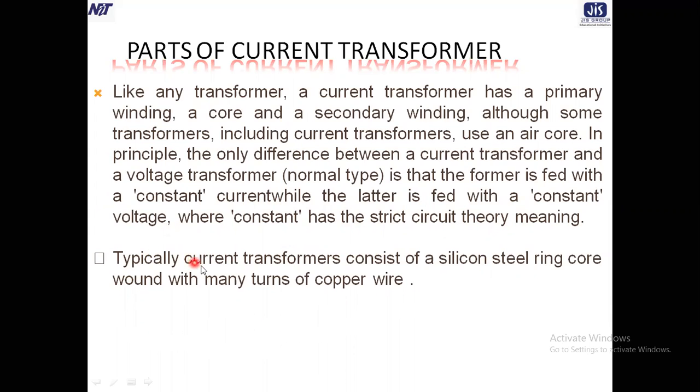And finally, typically a current transformer consists of a silicon steel ring core wound with many turns of copper wire. So these are the parts of current transformers.